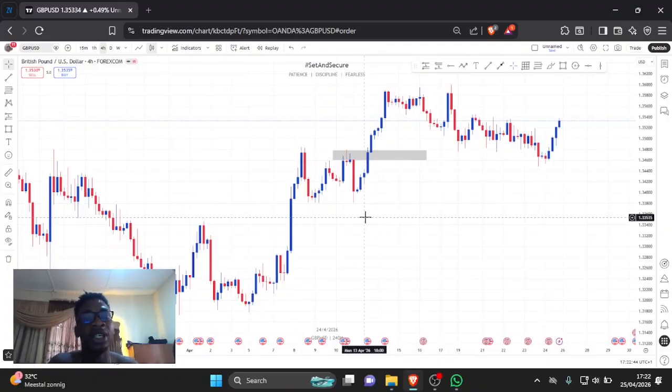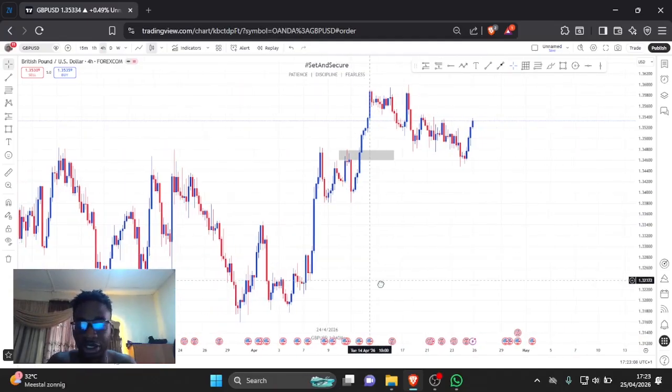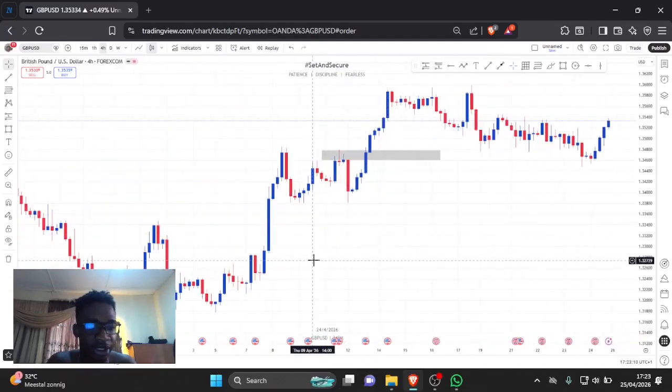But for me, I advise you use the displacement on the 15 minute time frame. Then you can use 1 hour and 4 hours to look at structure. But if you see a good displacement on the 4 hour candle, I advise you wait for a pullback or a retracement. Then you can look for another displacement within that pullback that's going to let you ride the trade towards any direction you are interested in.